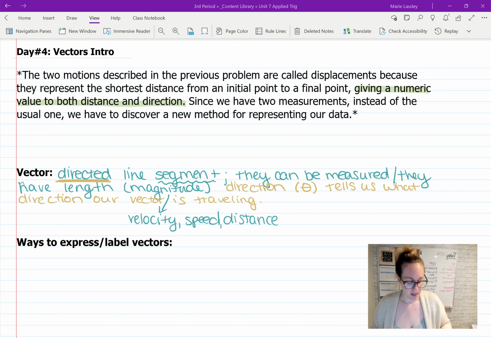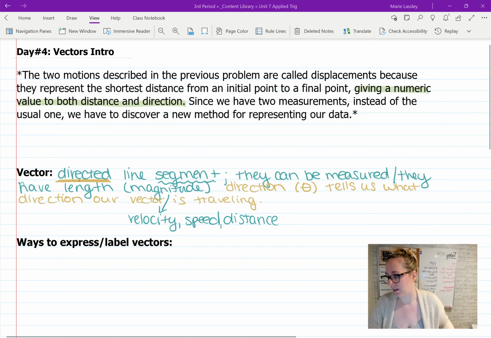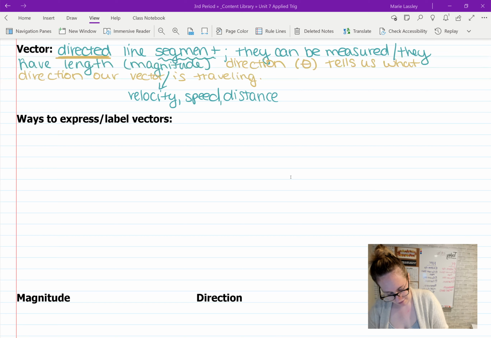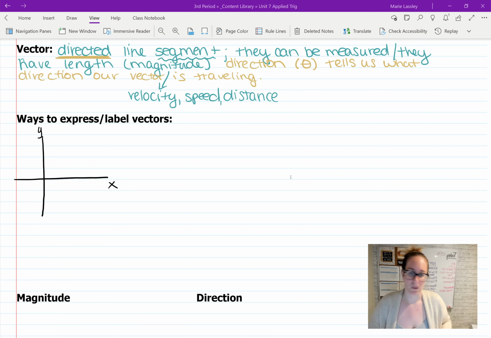Now, for labeling vectors, there are three main ways you can label them. I'm sure there are probably other ones, but I've only ever seen three ways to label vectors, and they look like this. First off, we have our XY axis, nothing new. A vector would look like this.